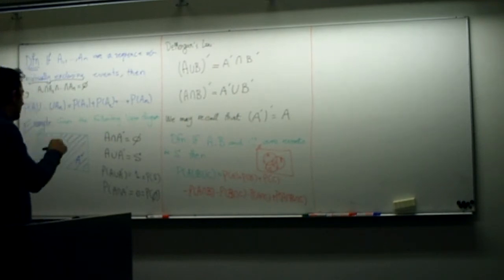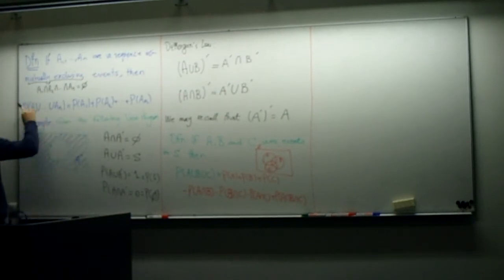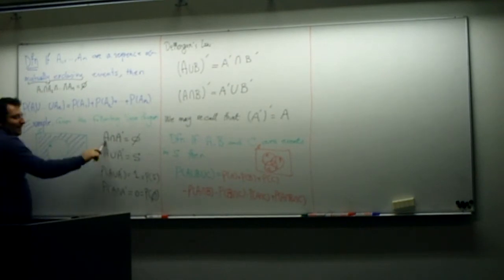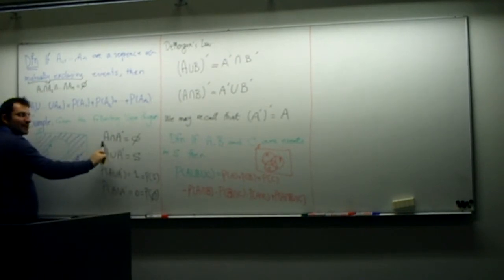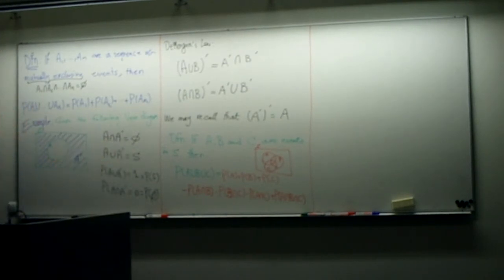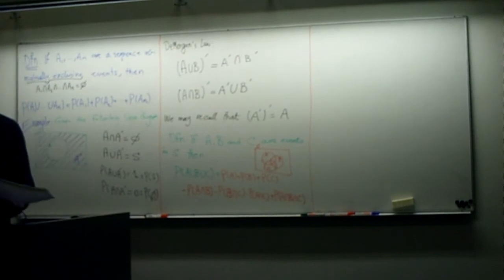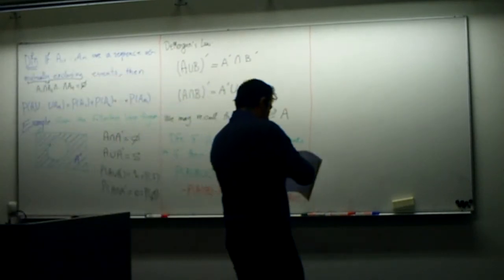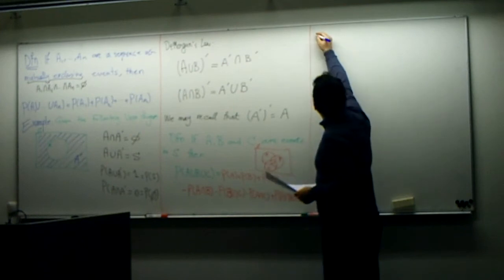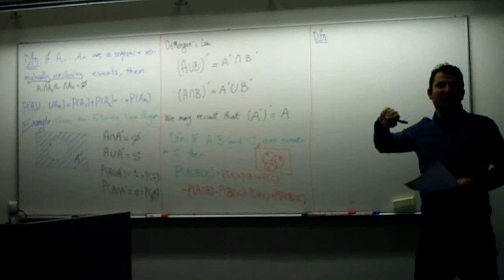Now, knowing that we have the mutually exclusive events, and knowing that when we are mutually exclusive, it means that there is no intersection, and knowing what is a complement of a set, we can have now a new definition. And this is a definition for partition.